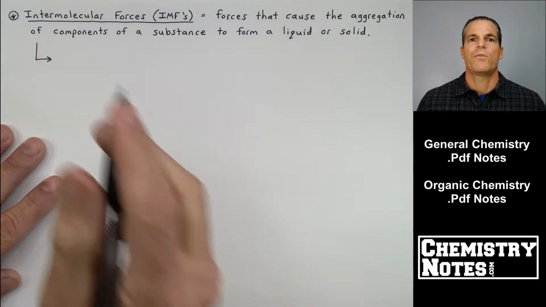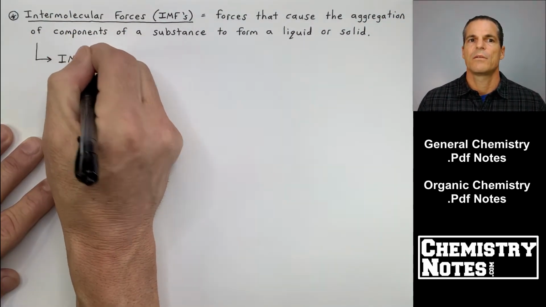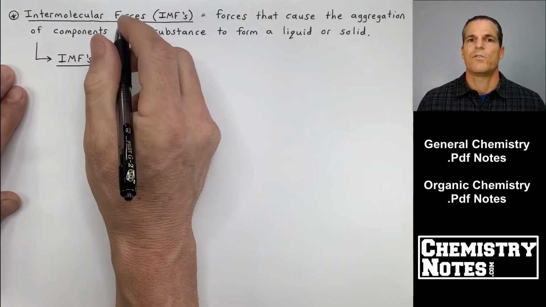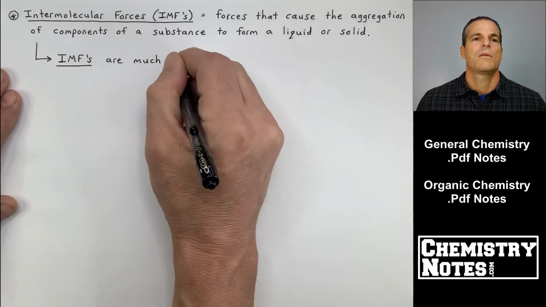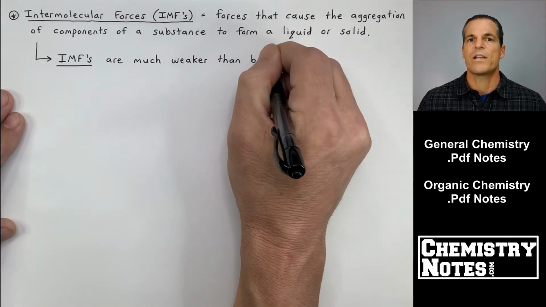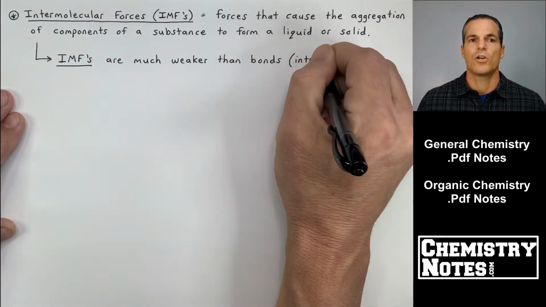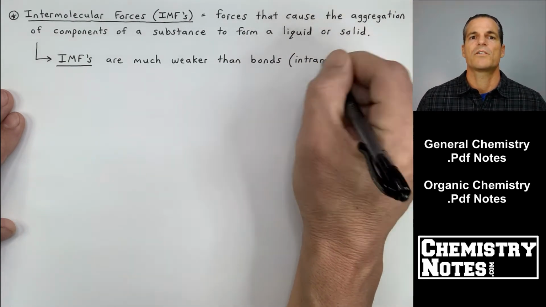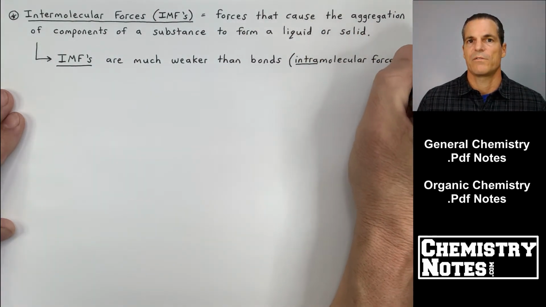So one more time, forces that cause the aggregation of components of a substance to form a liquid or solid. Intermolecular forces are much, much weaker than bonds, so much weaker than intramolecular forces.